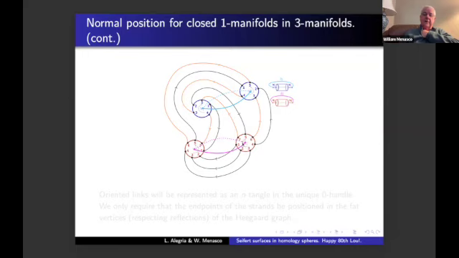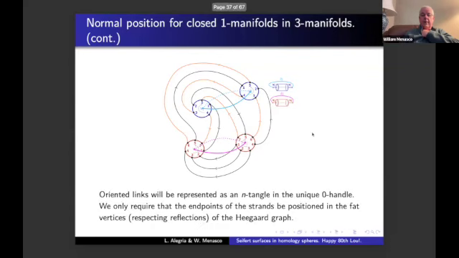Here's another way. You just take that core and you extend it into the one handle down here. And so I end up getting a link that, when you restrict it to the zero handle, becomes a tangle. All right, so this is a two tangle up here.